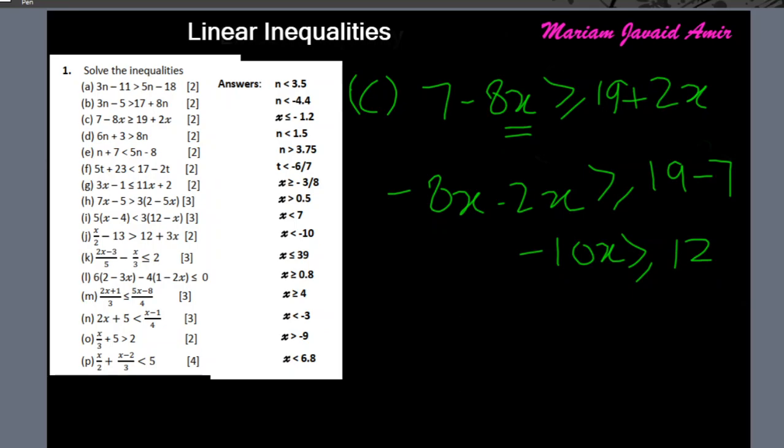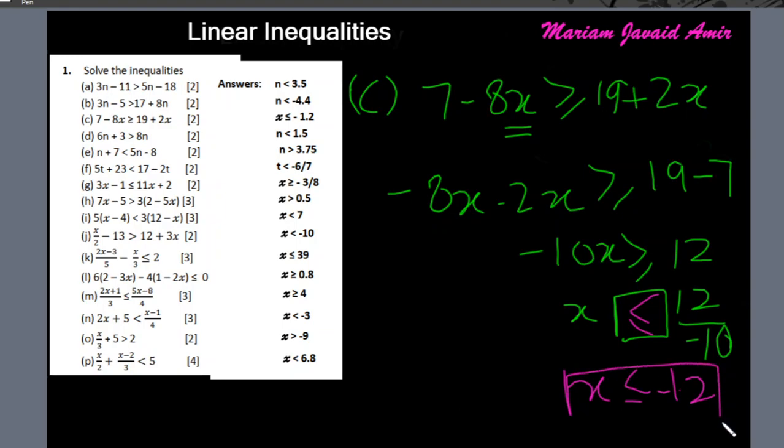Now the second last step would be to take minus 10 to the other side and divide it to the other side. x is, we'll have to put a sign over here, divided by minus 10. Now you need to keep this in mind that whenever you multiply or divide with a negative number, you are supposed to flip the inequality, and then you will get the right answer.